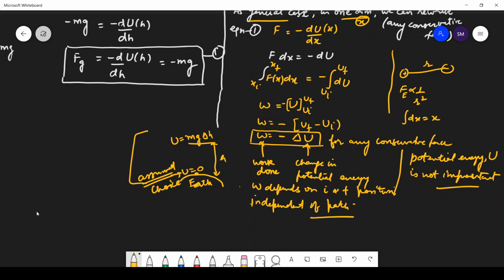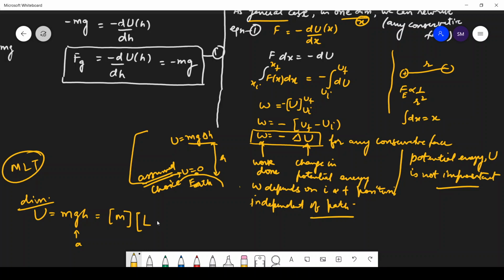Now, if you want to take the dimensions of potential energy, what are the dimensions? The potential energy is mgh. You already know it. So the dimension of mass is M. For those who are new, we write everything in terms of mass, length and time. What is g? g is acceleration due to gravity. What are the units of acceleration? Meter per second square.